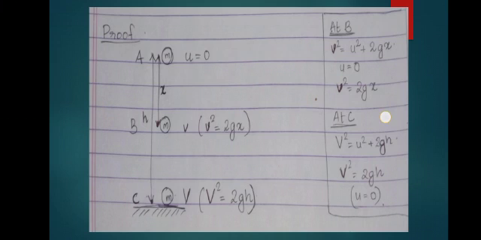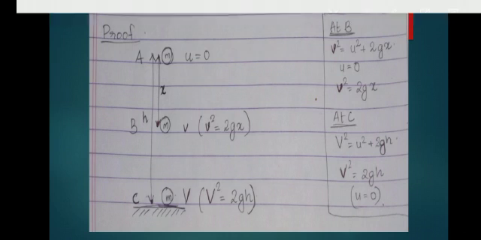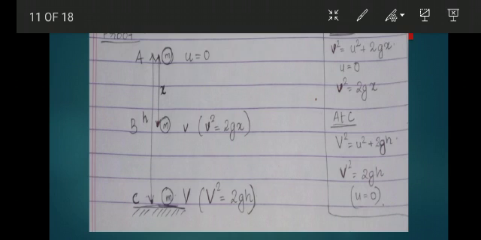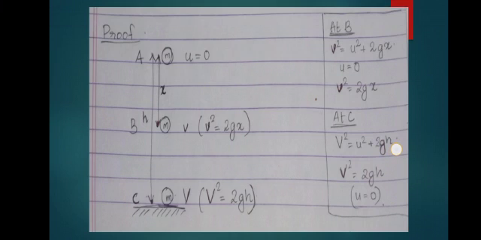Now at position C also we will do the same. Here instead of small v, we are taking capital V square equal to u square plus 2as. Here a is the acceleration due to gravity, so we are replacing it by g.